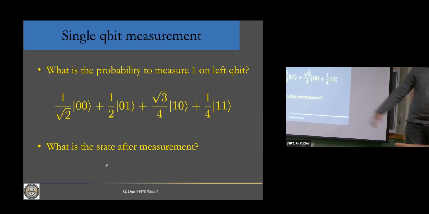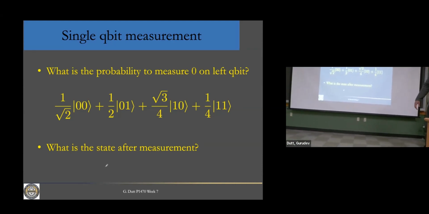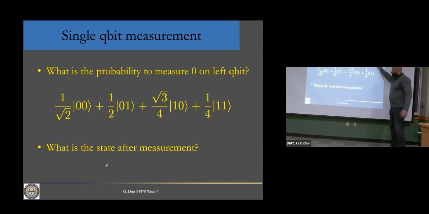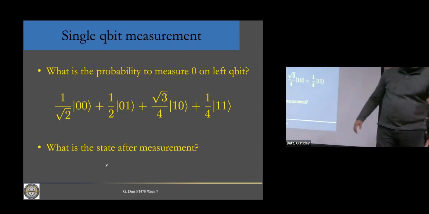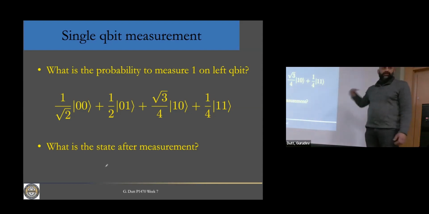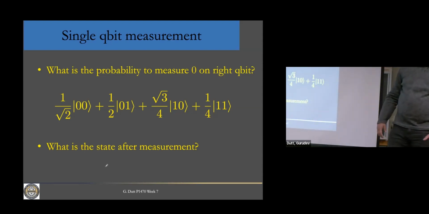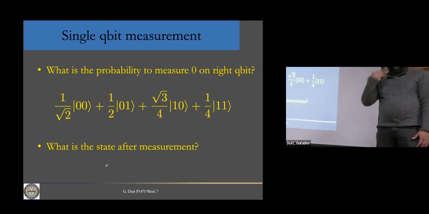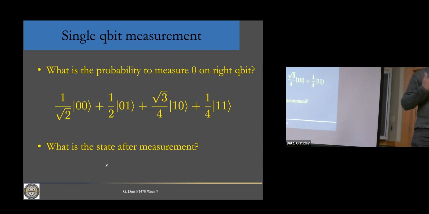Okay, we've just gone through all these cases. So what is the probability to measure 0 on the left qubit? We just did that. And what is the state after measurement? What is the probability to measure 1 on the left qubit and the state after measurement? We did that. Okay, now I want you as an exercise on your own, and we'll discuss these results in the next class.